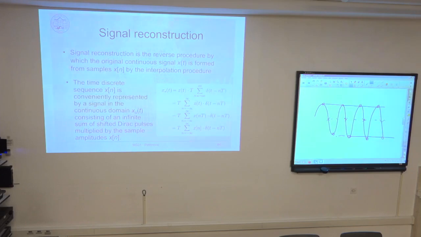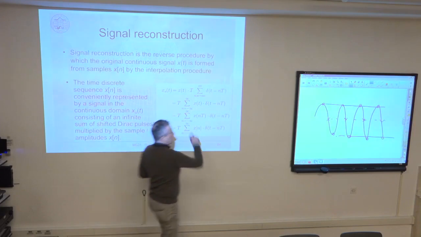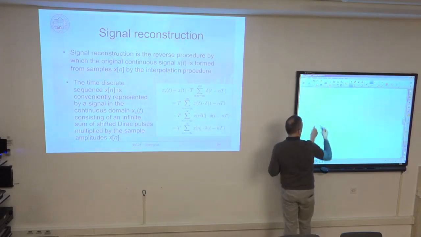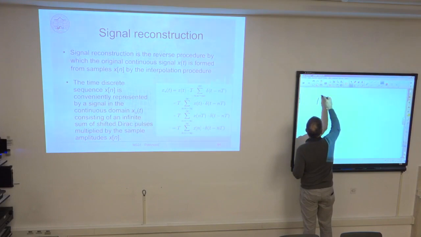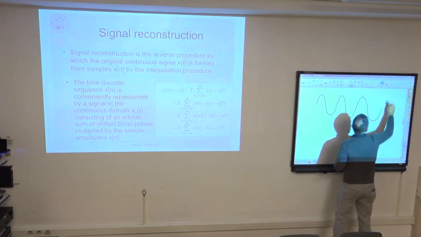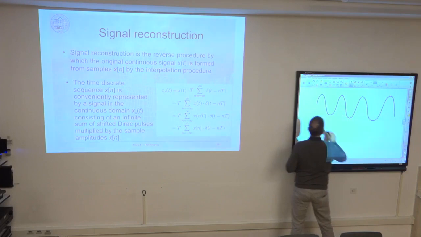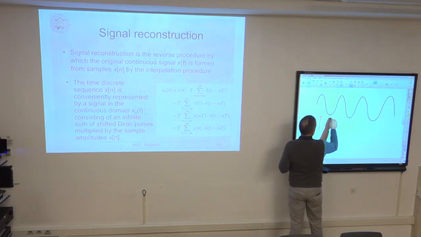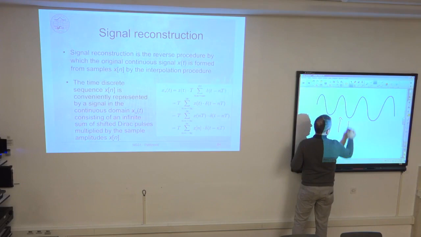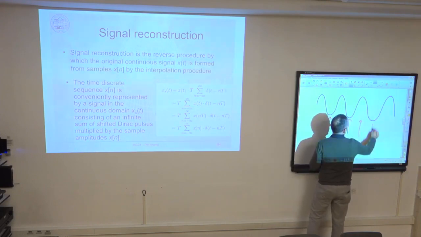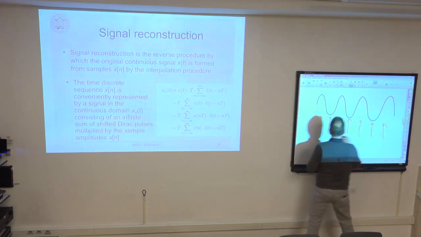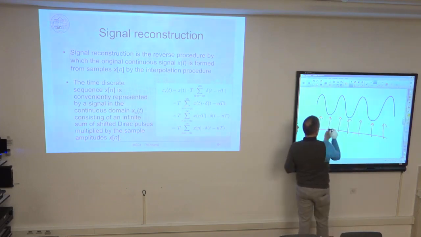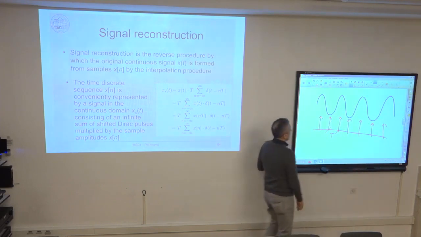If I start from the original signal, x of t, and I simulate the operation of time discretization by multiplying this signal with a periodic pulse train of Dirac delta functions, for example this here, I have a periodic sequence of Dirac delta functions separated with period T. So this period is equal to the sampling period.